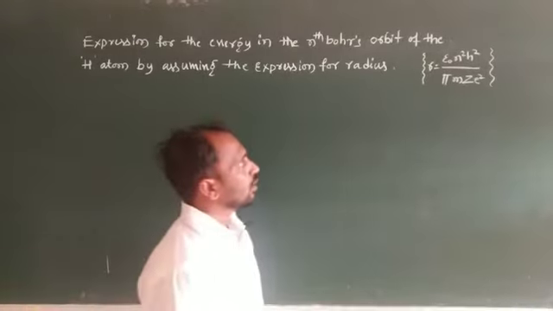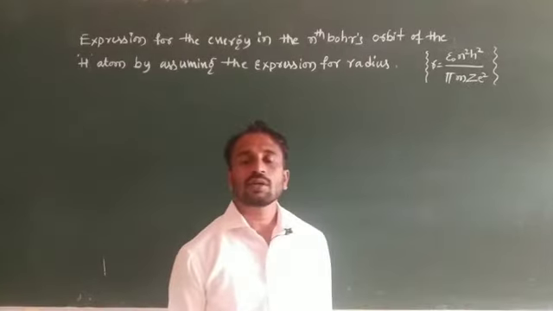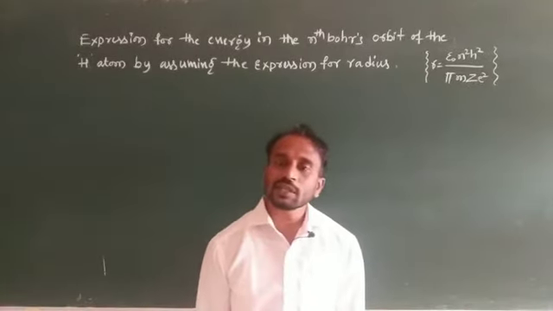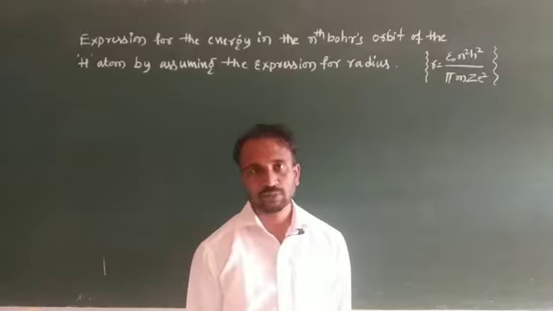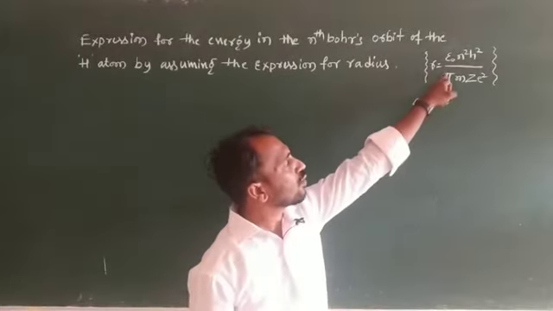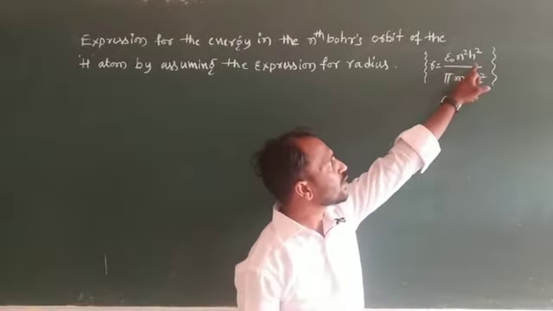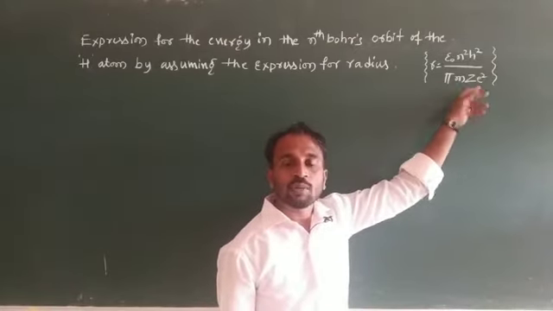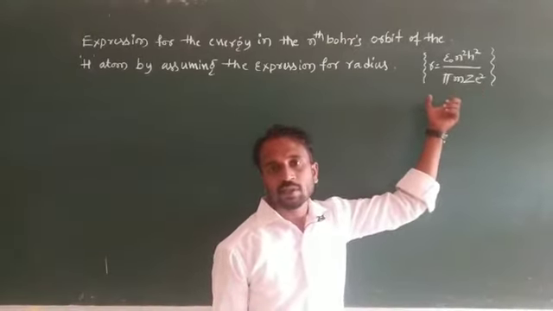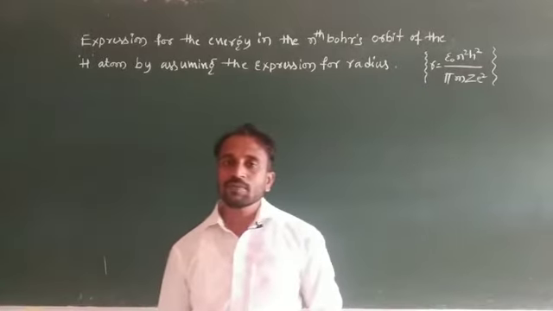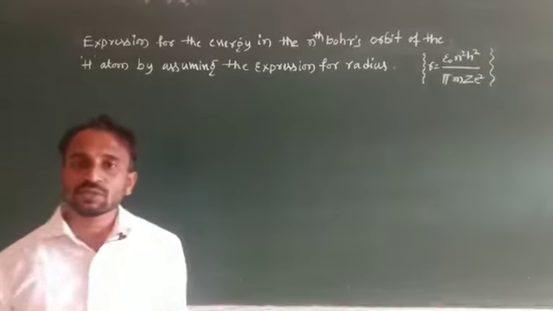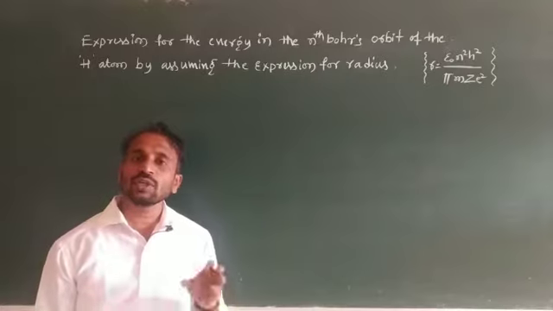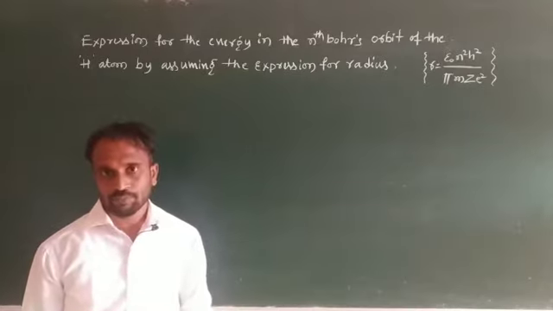In the last class we already derived the radius of a hydrogen atom, r is equal to epsilon naught n square h square divided by pi m z e square. By using this radius, today we will derive the expression for the energy of the nth orbit.